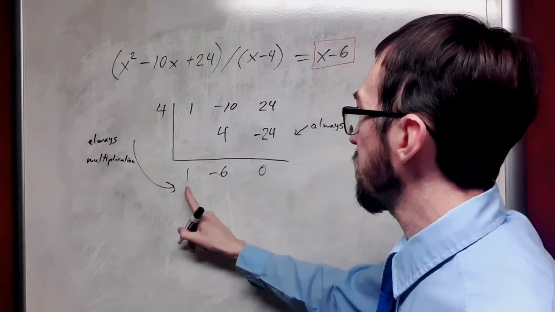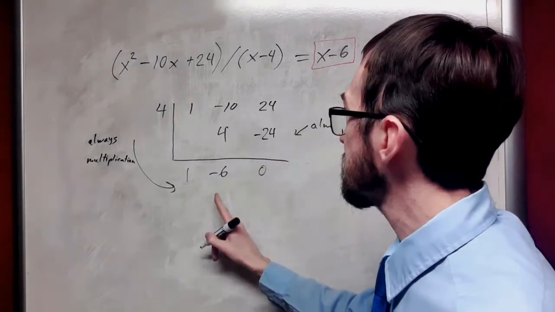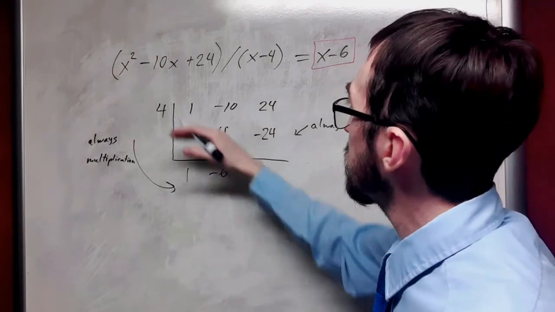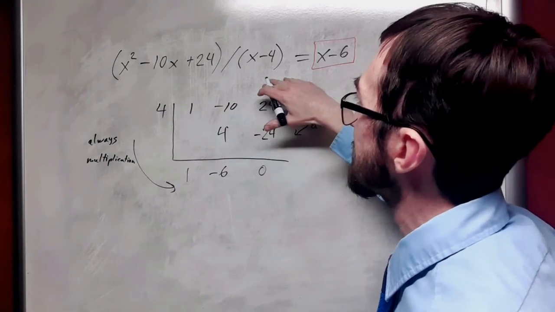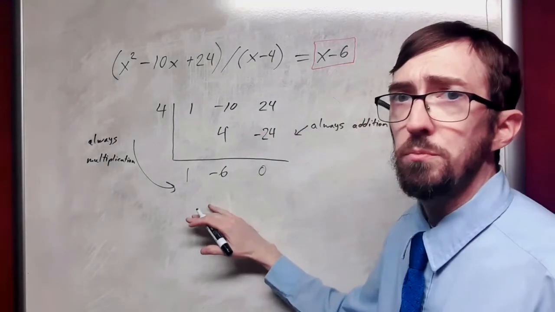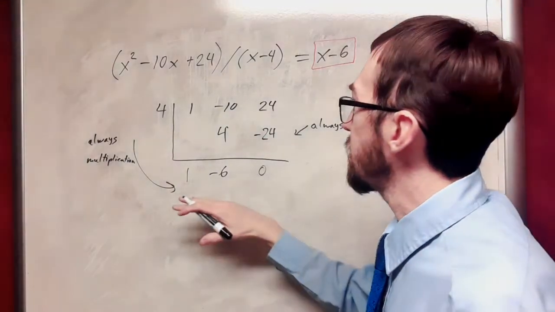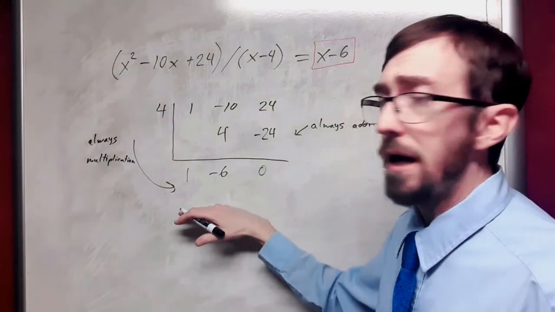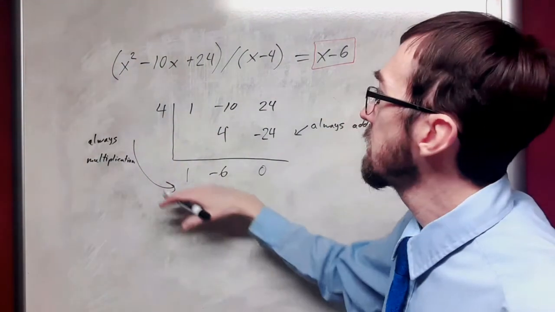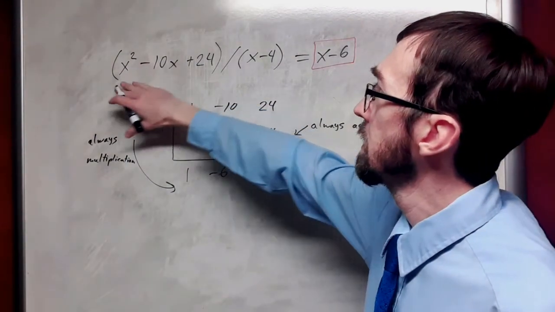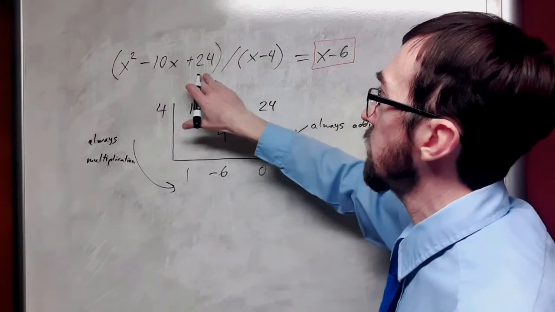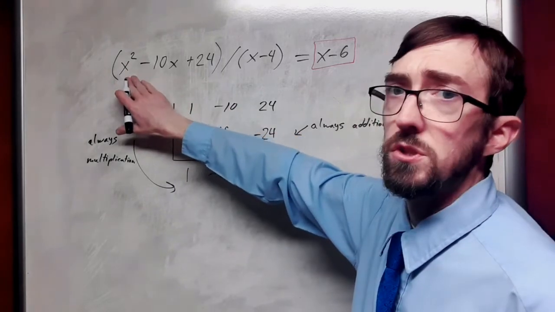So I end up with this sequence here. Notice that when we built this, we eliminated all the x's. Now we have to put the x's back in, and we start with the power 1 less than we originally started with in the dividend. So this was a quadratic, so the highest power was 2.